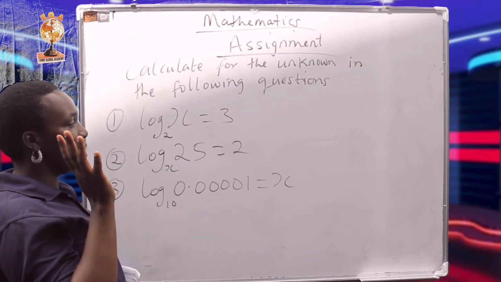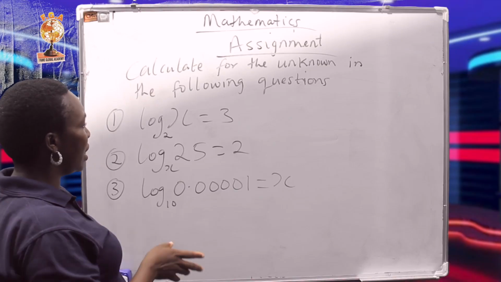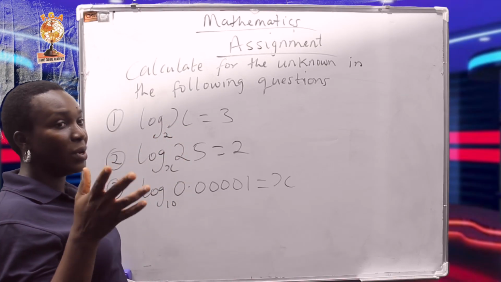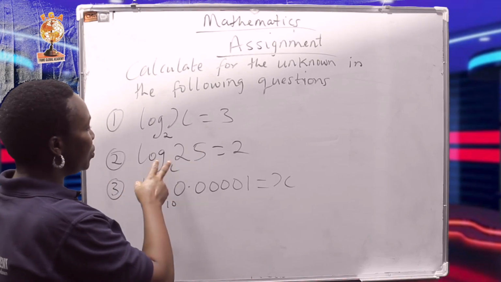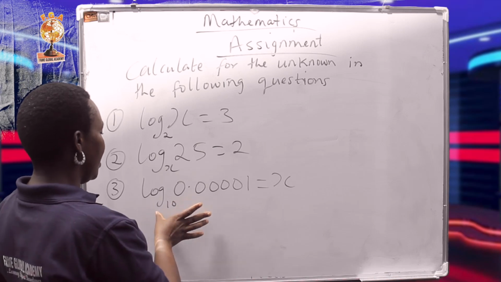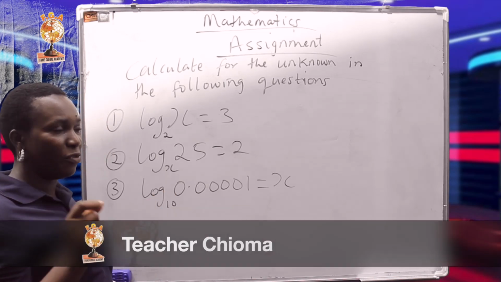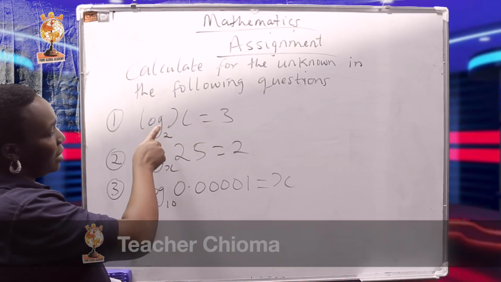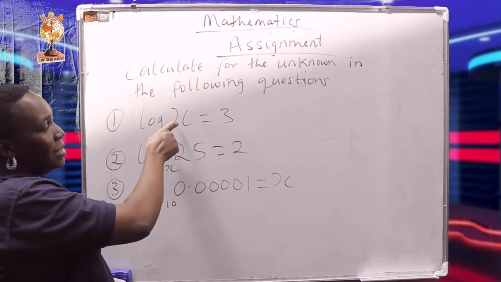All right, so these 3 questions are exactly what we did today. Question 1 is concerning example 1 and example 2. Question 2 is concerning example 3 and example 4, and question 3 is concerning example 5. So you should be able to solve all of them. You can see that in question 1, the unknown is the logarithm.